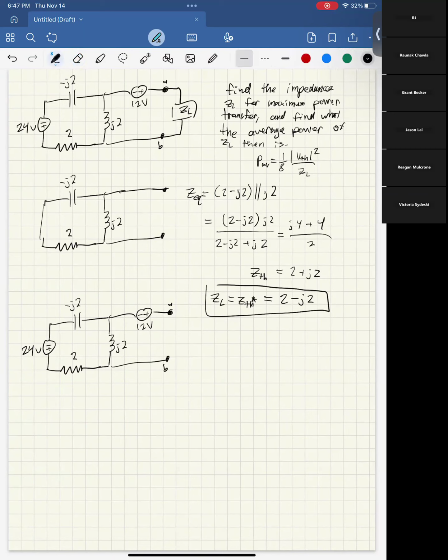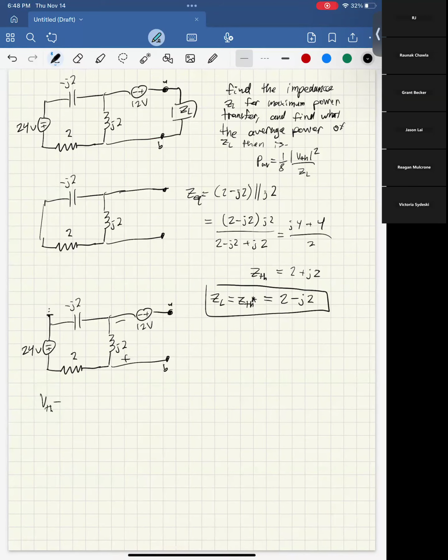To do that, you can do it any way you want. You could do it with just a voltage divider, and that seems to be the easiest way. So if we call that 0 volts, it already basically is. Keep in mind this is upside down, so don't forget that. The voltage from B to A would make a bit more sense to do.